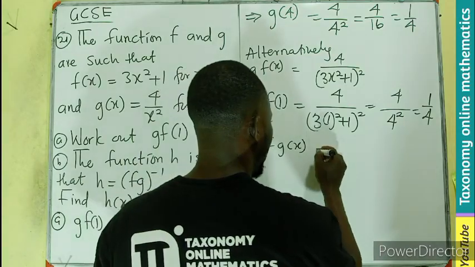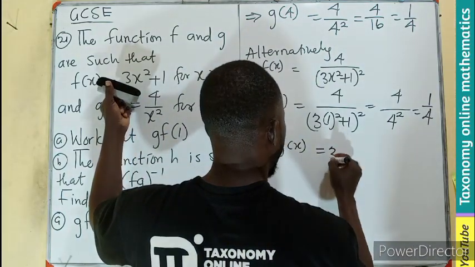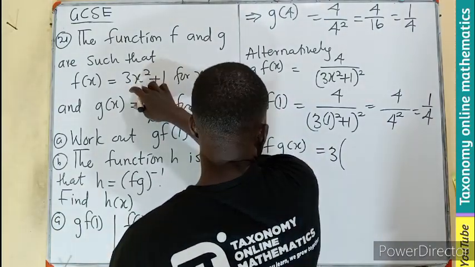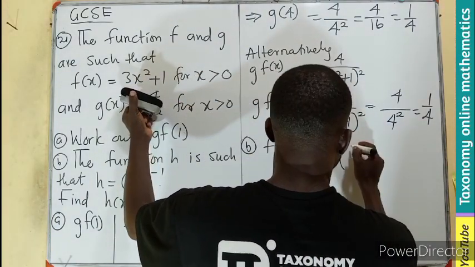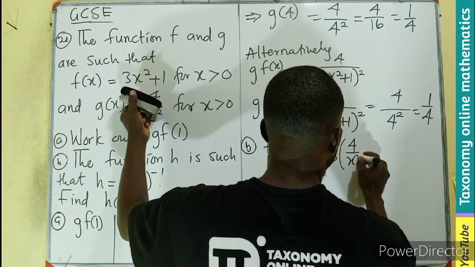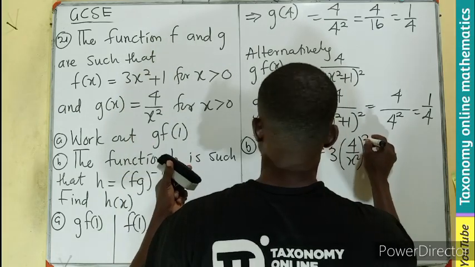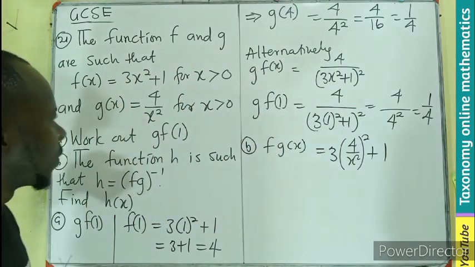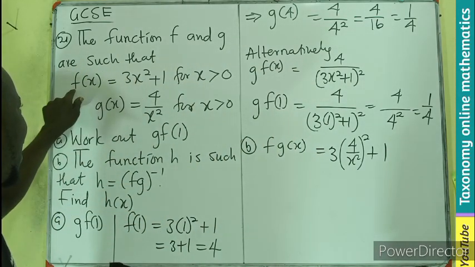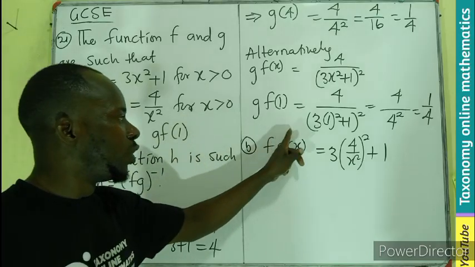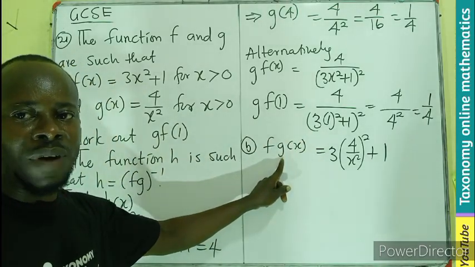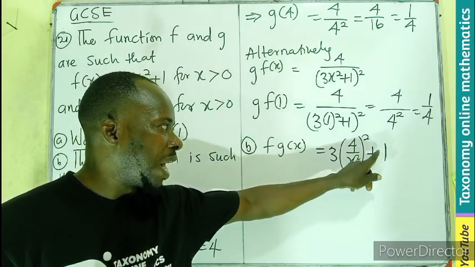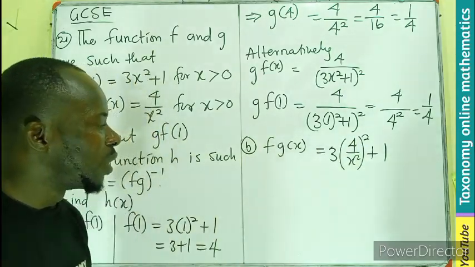So this will mean that I'll be having 3 times 4 over x squared, all squared, then plus 1. Everywhere I see x in f of x, I introduce the function g of x, which is exactly this. So that is what we have there.